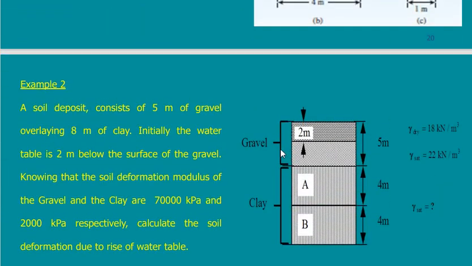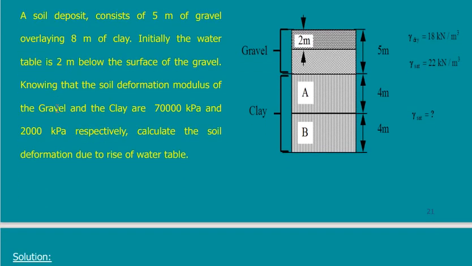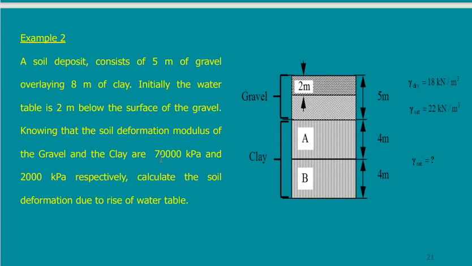Because suppose you have this problem, you have a gravel layer of 5 meters and a clay layer of 8 meters. So in this case, I will have to check or calculate the settlement, depending on what the example needs. If the example needs the settlement, then we have to calculate the settlement of all of this.